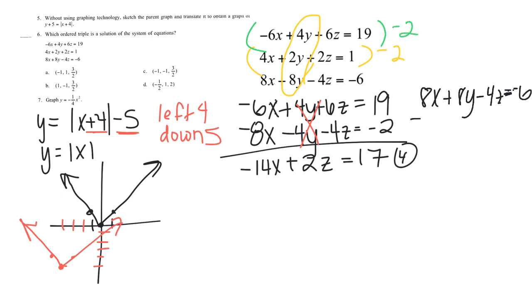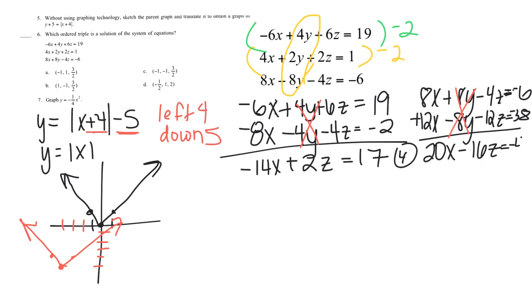So I get positive 12x, because of negative negative, minus 8y minus 12z equals negative 38. So we have 20x. Again, my y's cancel. I want to make sure I eliminate the same y's. And then I get minus 16z equals negative 44.